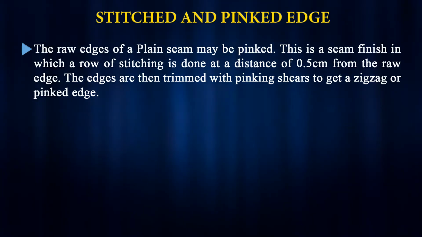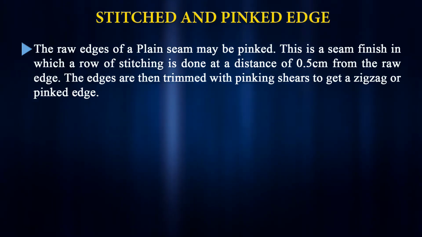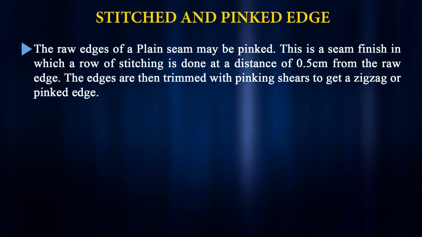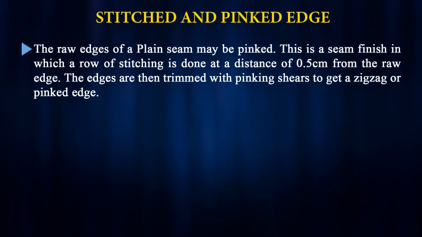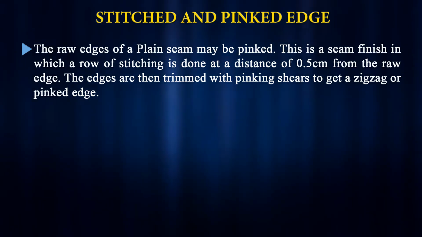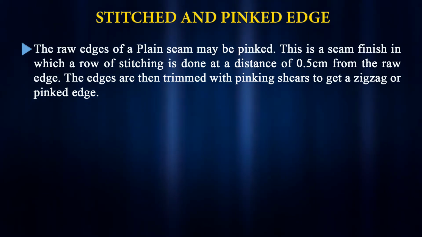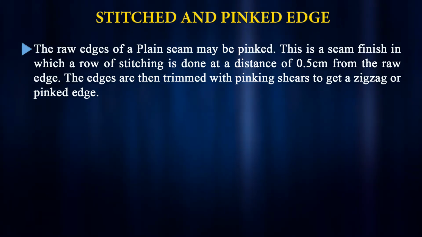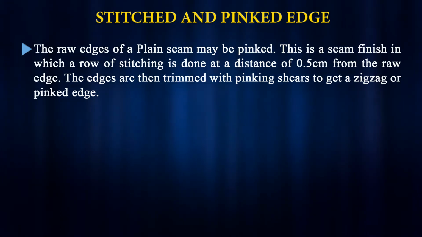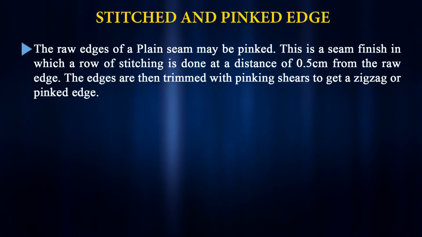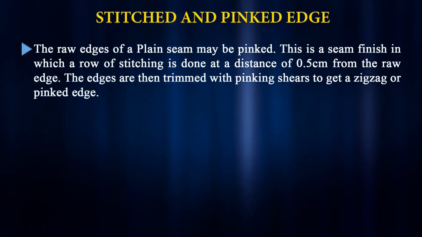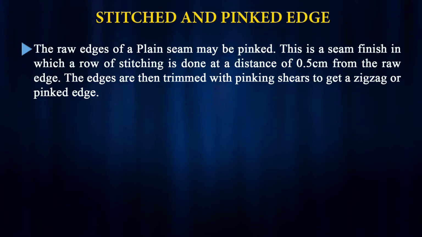This is a seam finish in which a row of stitching is done at a distance of 0.5 centimeter from the raw edges. Like if we have an allowance of 1 centimeter or 2 centimeter, from 0.5 centimeter from the raw edges we do the pinking process. The edges are then trimmed with the pinking shear to get a zigzag or pinked edge.